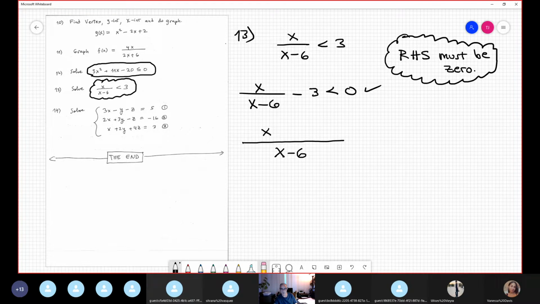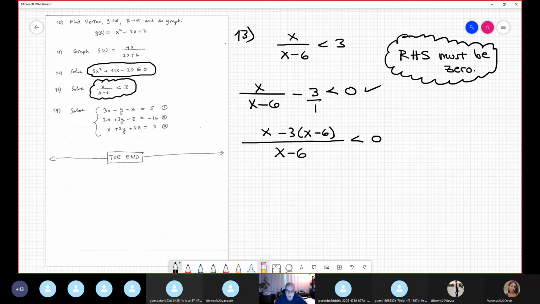Then x, because x minus 6 divided by x minus 6 is 1, multiplied by the corresponding numerator, which is x, is x. Minus, in this case, the denominator here is 1, because it's invisible. x minus 6 divided by 1 is x minus 6 times 3 is 3 times x minus 6. And this is my new expression, which now is compact.